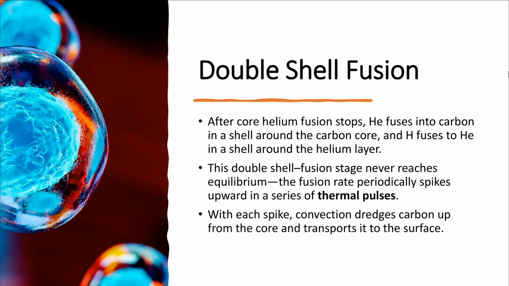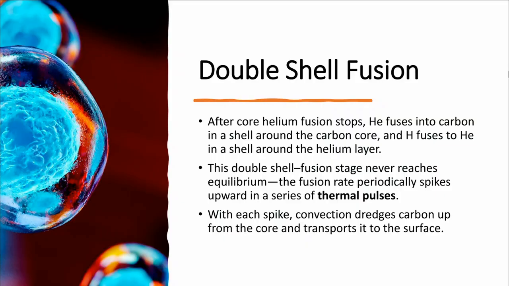So this is double shell fusion, and this is never going to be an equilibrium state. For example, if the helium shell starts putting out more energy, that'll heat up the hydrogen shell, and there's no way for one to cool off and the other one to compensate.